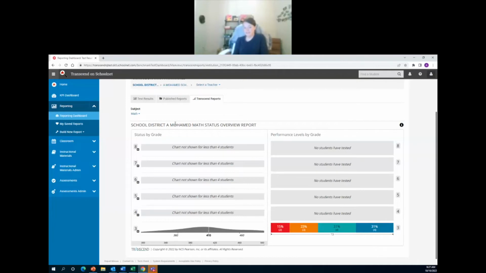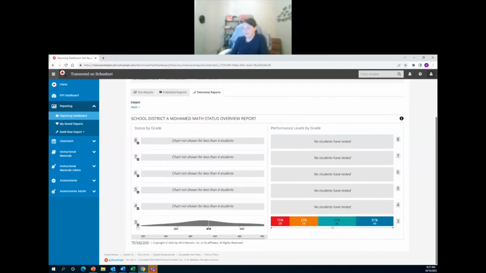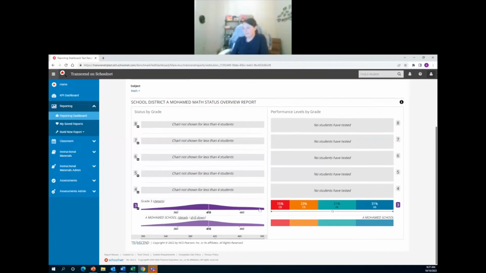Teachers only have access to class level data for their particular classes, and then student level results. So that's how it's organized. If fewer than 4 students have assessed, we don't show the aggregated data. So we need at least 4 students to test before this will be available. If I click on grade 3, I can start to see those humps that I mentioned to you.